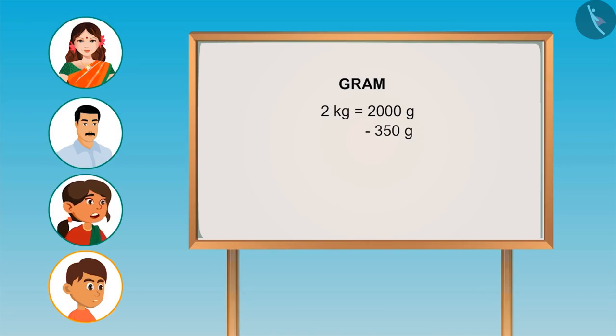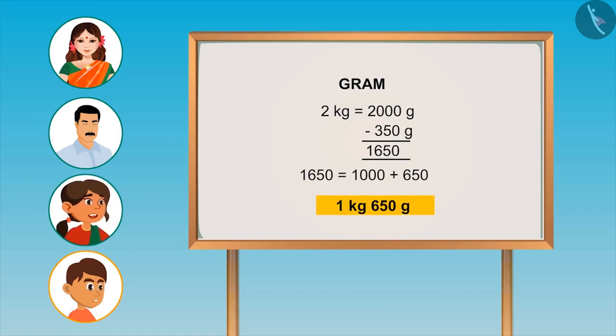Absolutely correct. On subtracting 350 from 2000, we are left with 1650. Now 1000 grams means 1 kg. So that will be left with 1650 grams of wheat.